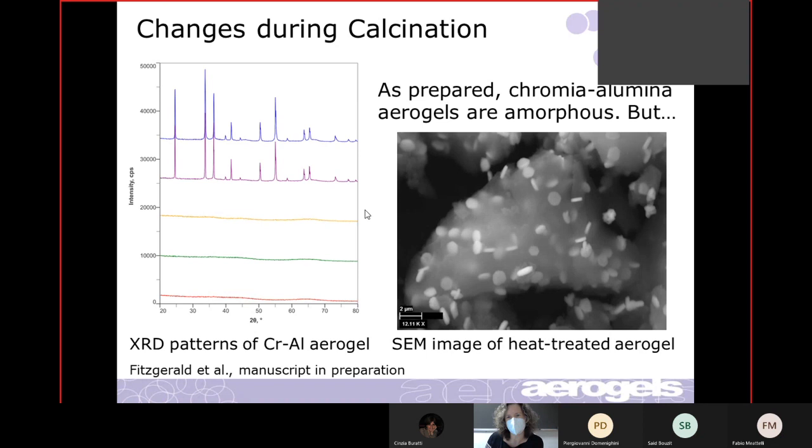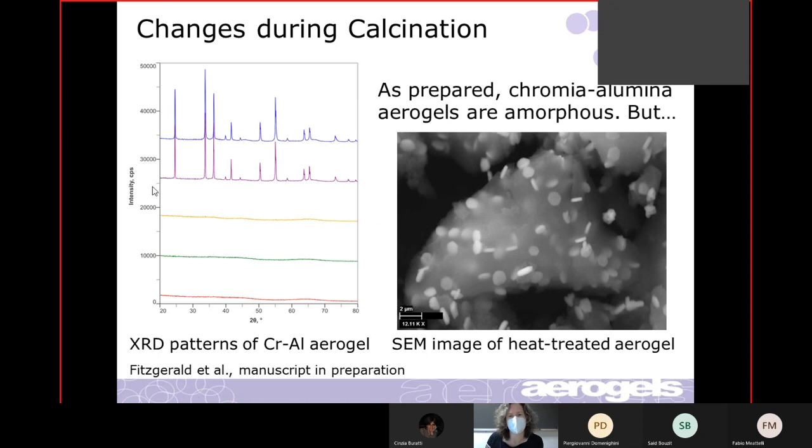And these peaks all match to a particular chromium oxide chemical structure. And we heat to 800 and the peaks are still there. So somewhere between 400 and 600, something happened. And we made a crystalline chromium oxide species.